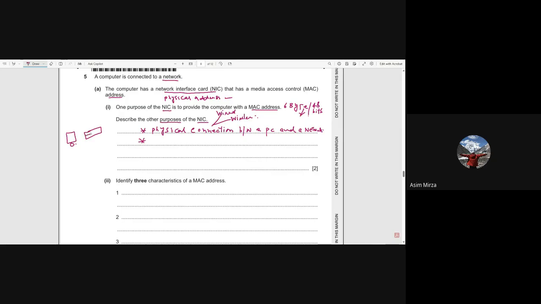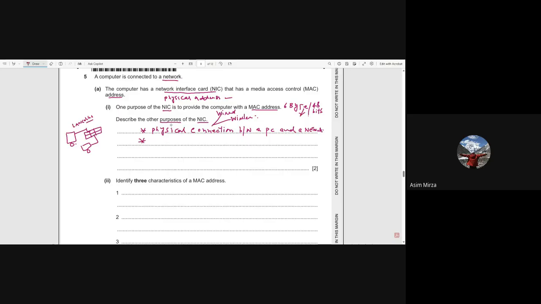Suppose we are sitting in one big room in an office. Our desktop computers are connected through Ethernet cables, which we call LAN cables. So that gives a physical connection between a computer and a network. Now we can share data from one computer to another by using this connection, no matter whether it's wired or wireless.